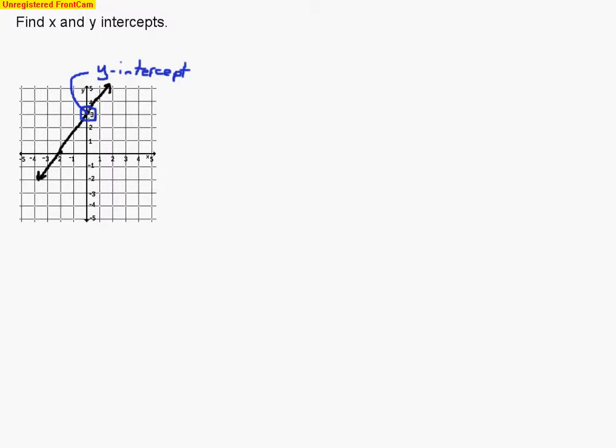At that point, it changes from one side of the y-axis to the other. So that's why they call that the y-intercept. Here, this y-intercept is at 3. So we can write this as (0, 3), or we could just say y equals 3.